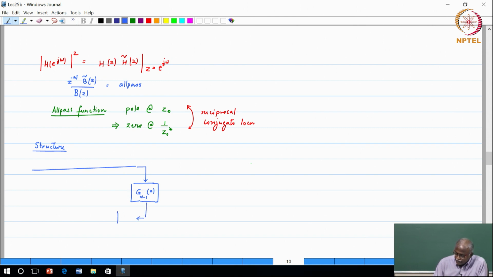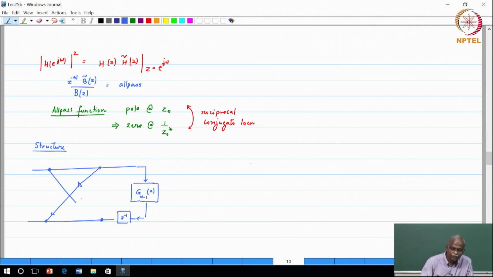There is a delay element z inverse, and then there is going to be a crisscross, which is a slightly different crisscross from the FFT butterfly that you are familiar with. So, please draw the arrows in the right direction. This one is a path going from the input to the output, and this one is a path going from the output to the input.